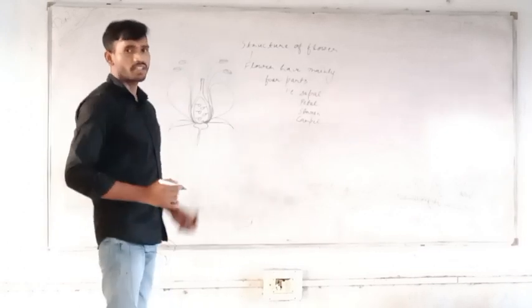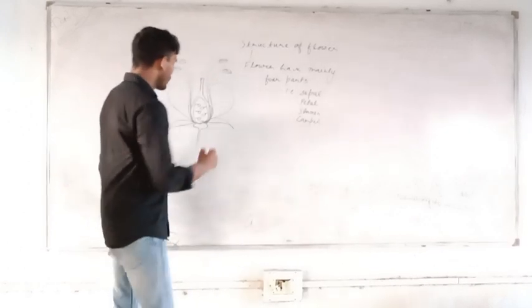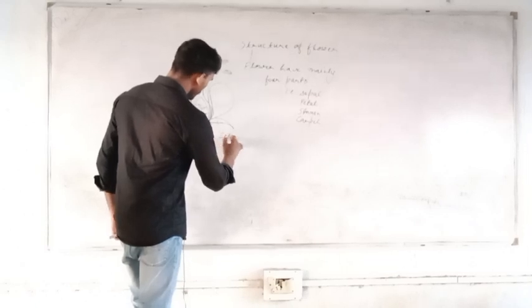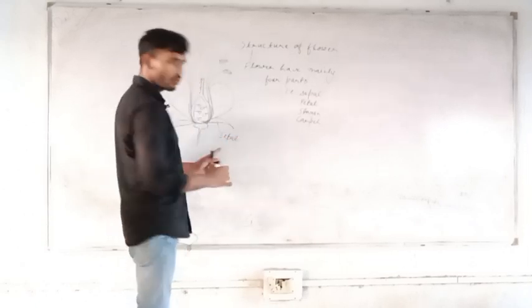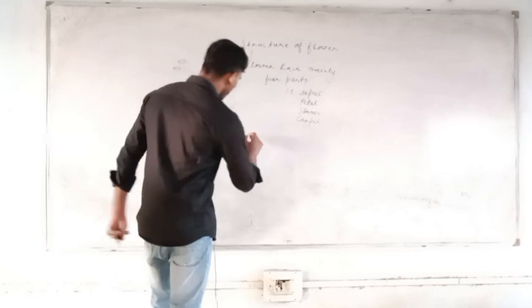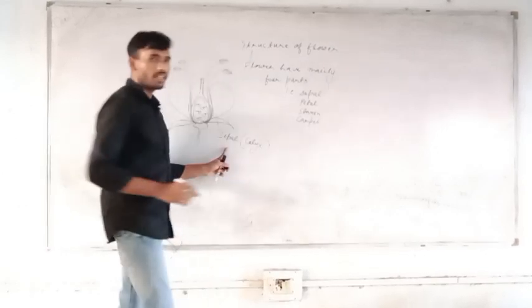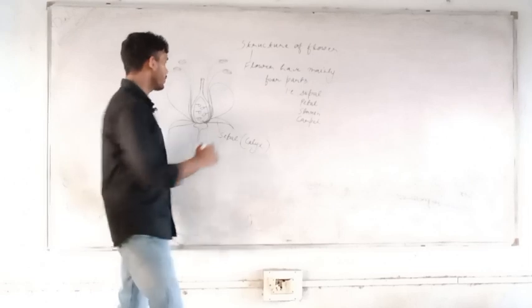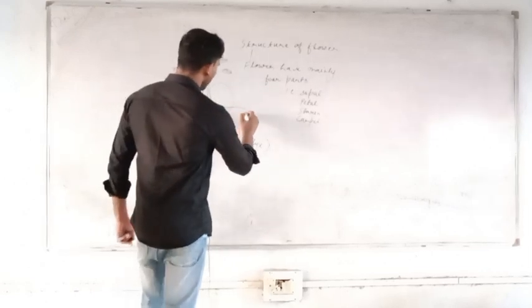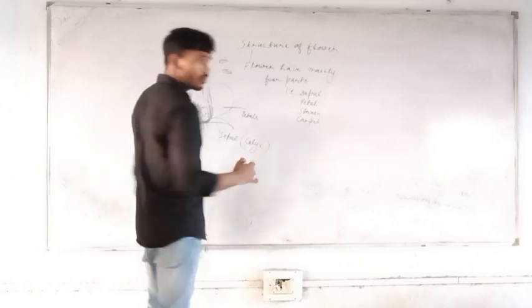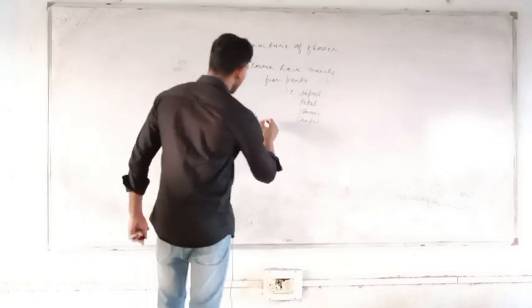This is the complete structure of flower, in which mainly four parts. This is sepal and group of sepals forms calyx. It is usually green in color due to the presence of chlorophyll. This part is called petals and group of petals forms corolla.